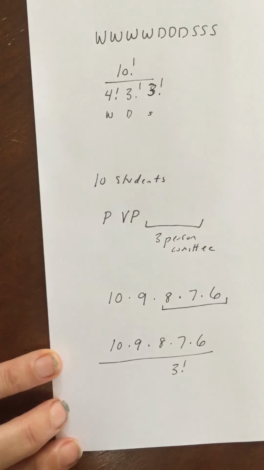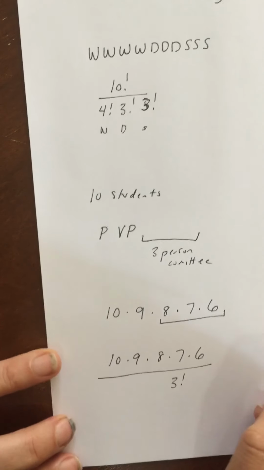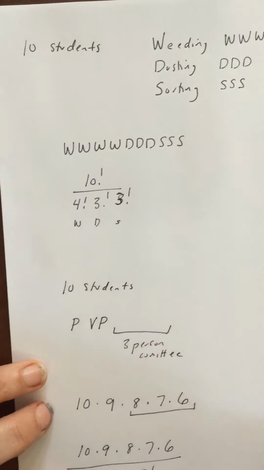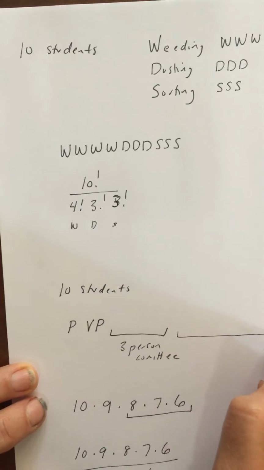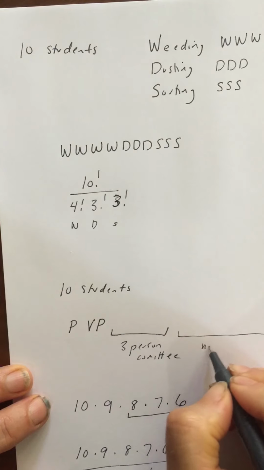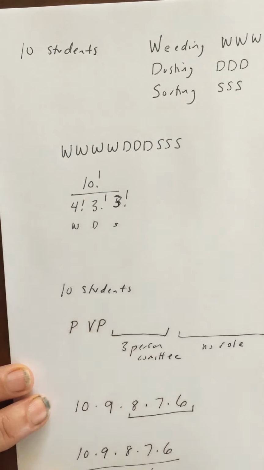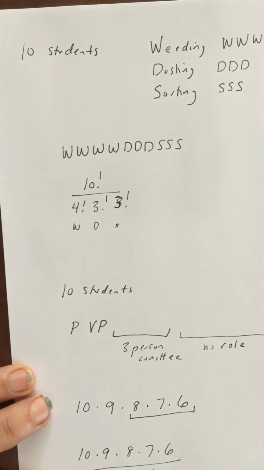But if you wanted to think of it instead, it sounds kind of weird, but you could go back to the original problem for a minute. Okay, and if we wanted to account for all 10 people, I could call the last 5 people having no roles whatsoever, okay?